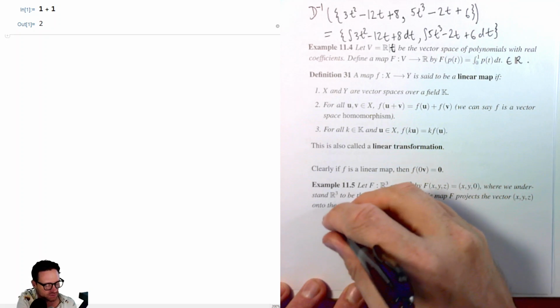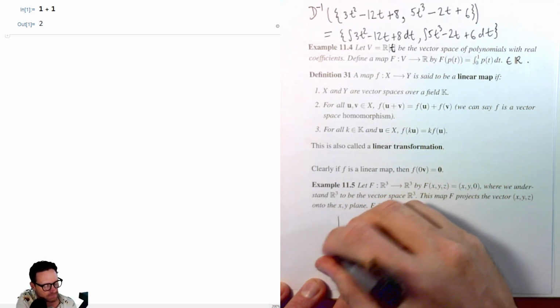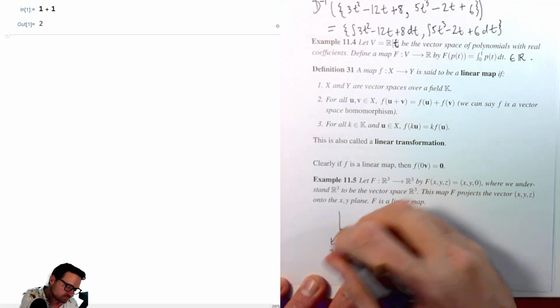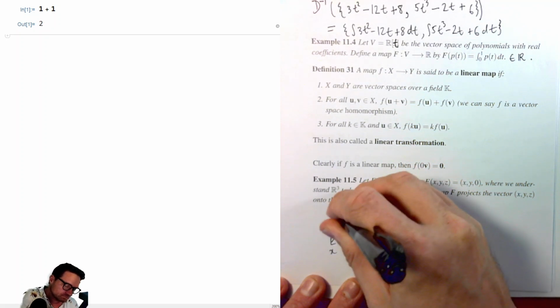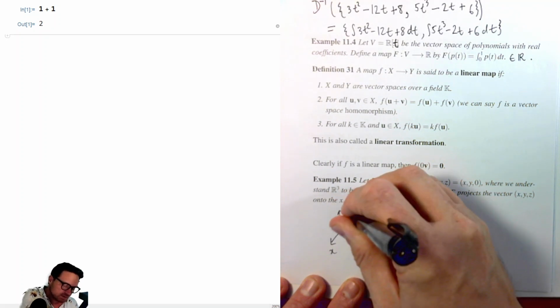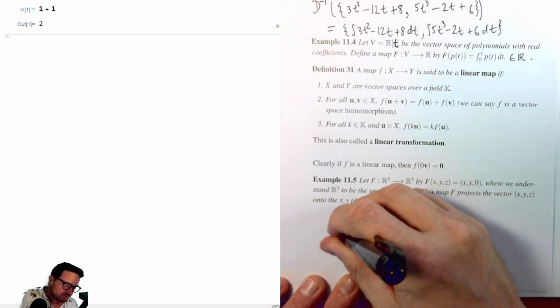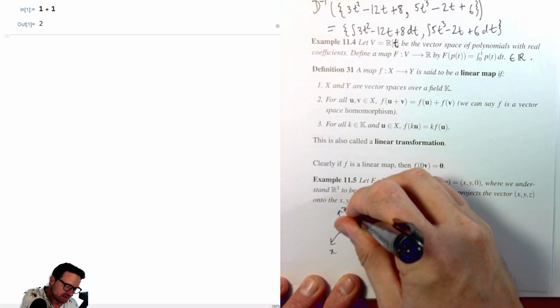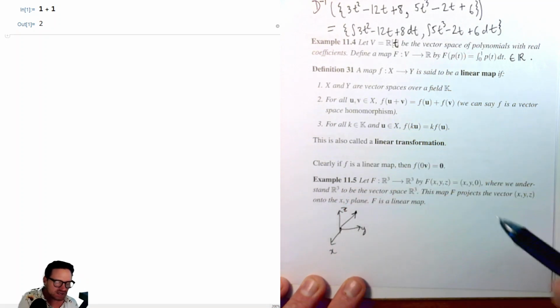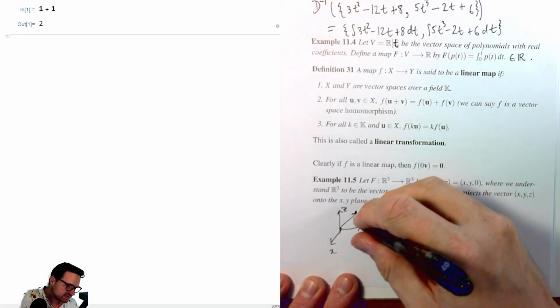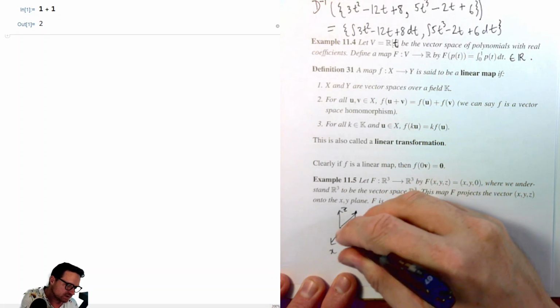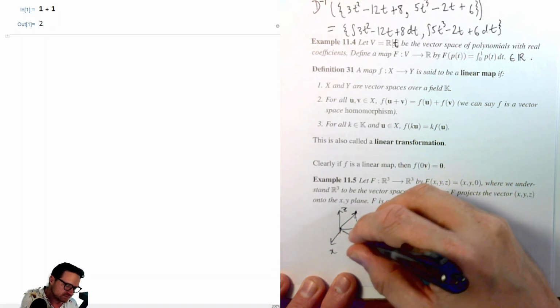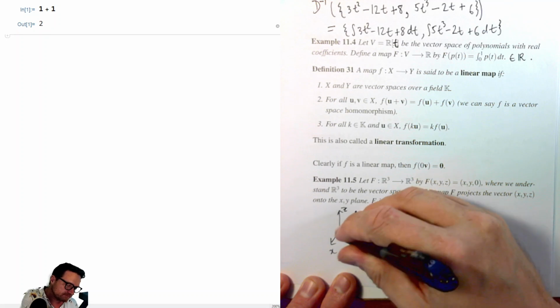Okay, so let's draw a little picture. So we have a point here, and so from the origin to the point, we've got an arrow representing our vector. So what's happening is it's projected straight down, and you get a vector in the xy plane.